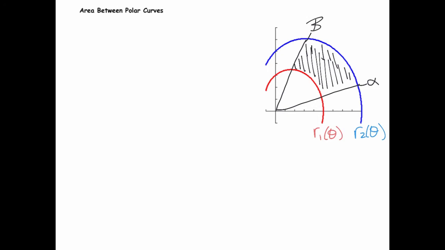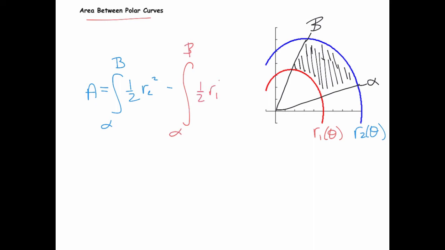Well then, the area between the polar curves is simply going to be the area inside R2 of theta, so that would just be this expression, I'll drop the theta since we don't really need it, minus the area inside of R1 of theta. I forgot my differential.